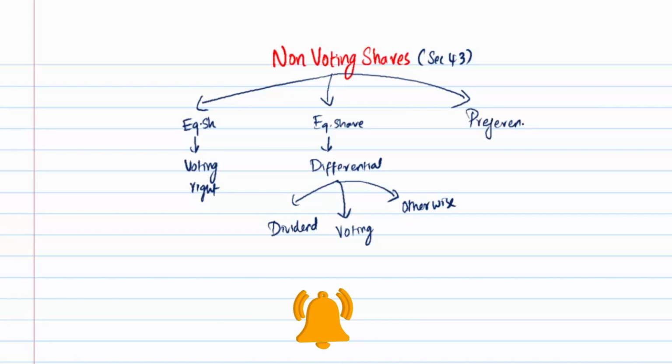Now understand, this section 43 provides that equity shares can be issued with differential voting rights. So now there is a question: why do equity shares have to be issued with differential voting rights, where the shareholder is not going to have the voting power?